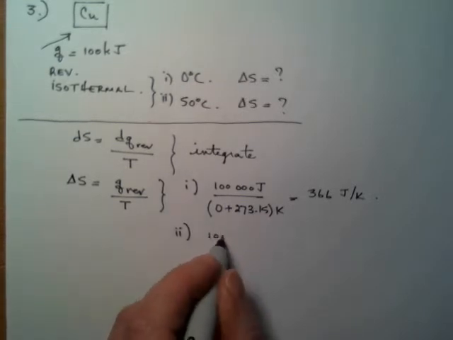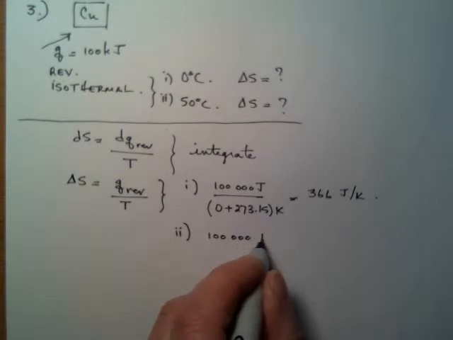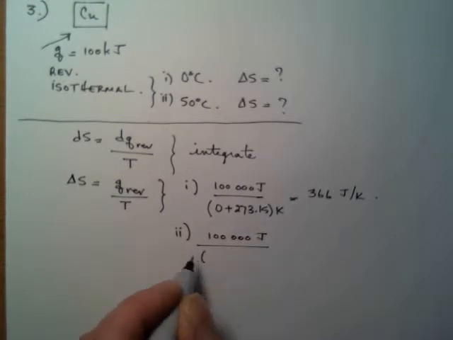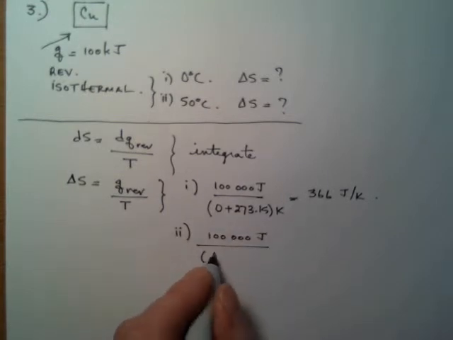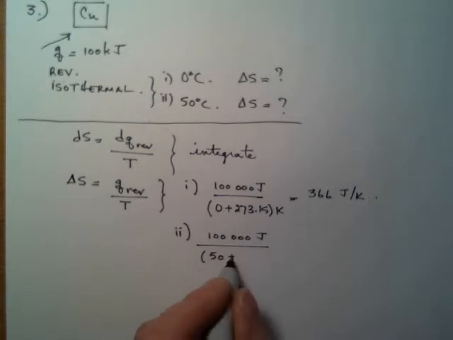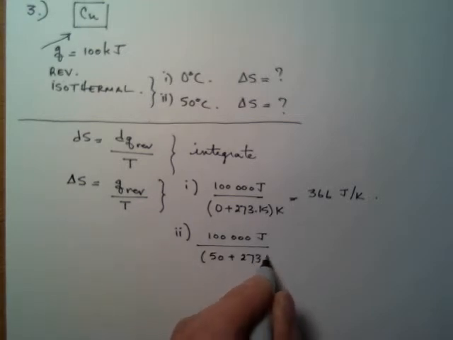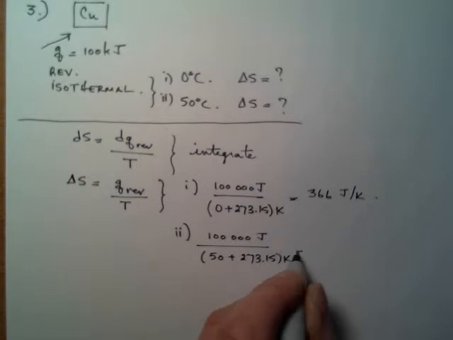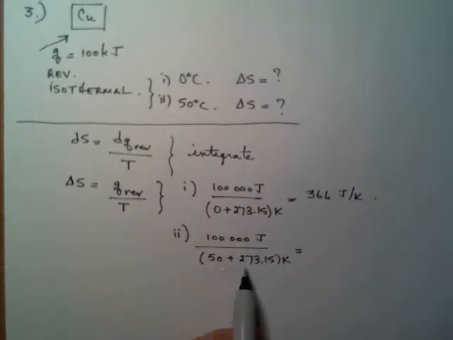If I have the same value on top, 100,000 joules, now this time on the bottom, I'm converting from 50 degrees Celsius plus 273.15 Kelvin. So I have a larger number on the denominator.